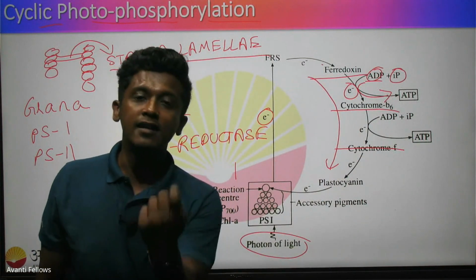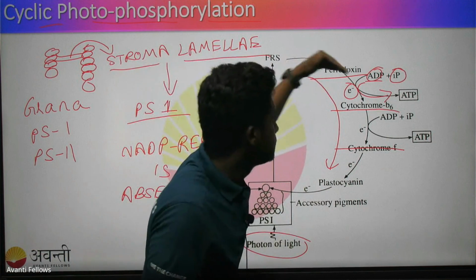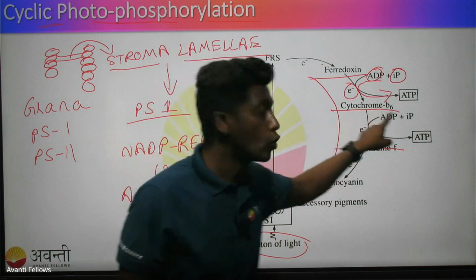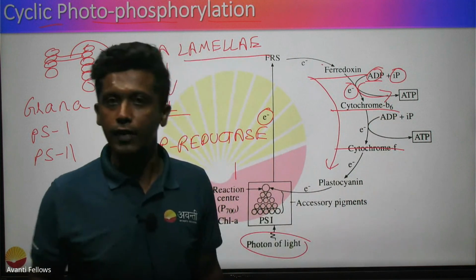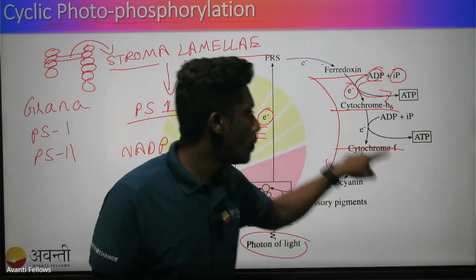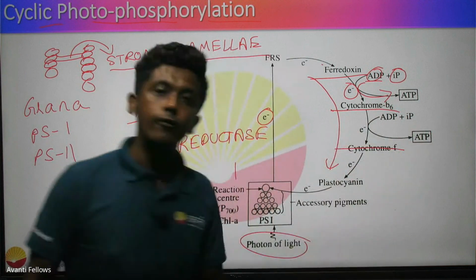So where do we get this ATP? We get it when the ferredoxin transports the electron to the next electron acceptor, cytochrome B6. There we have one molecule of ATP. And the second molecule we get from cytochrome B6 to cytochrome F, when the electron is transported again.